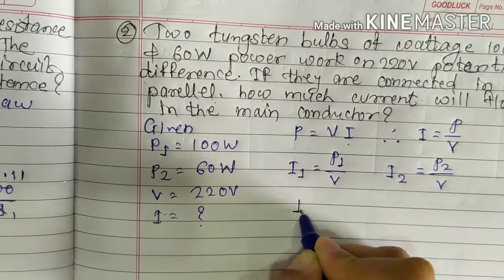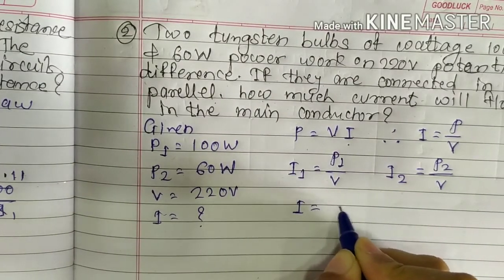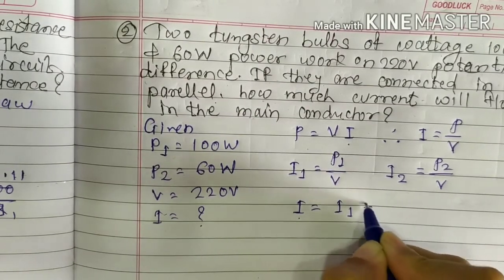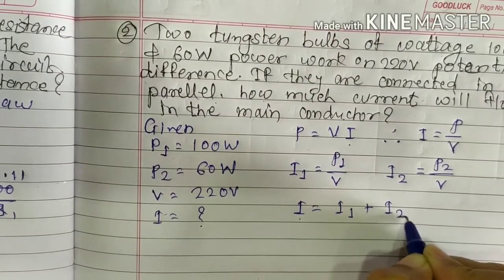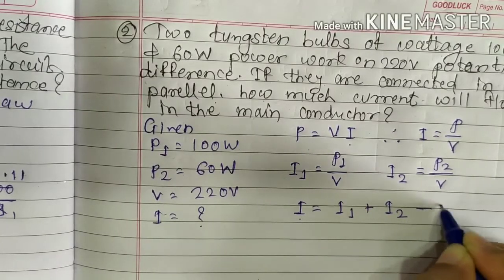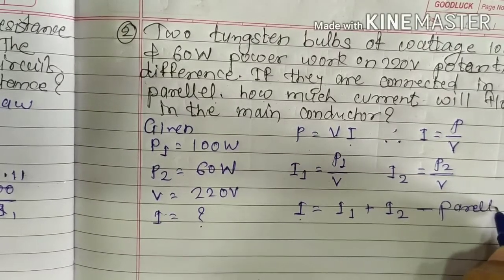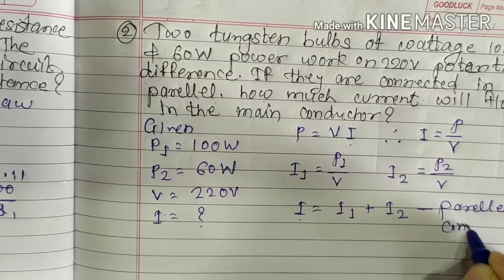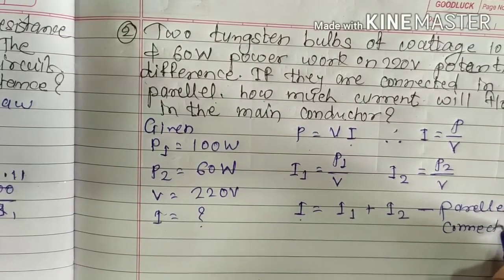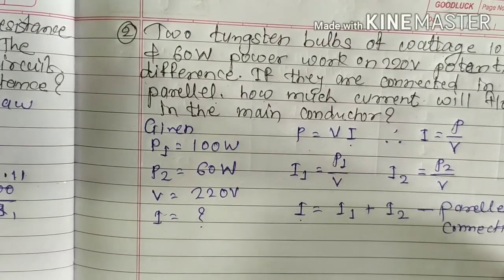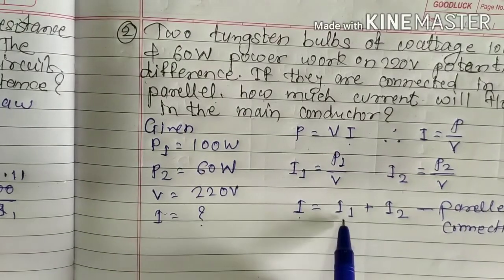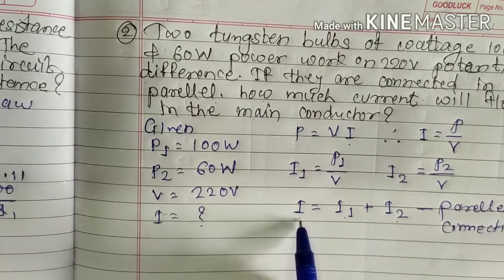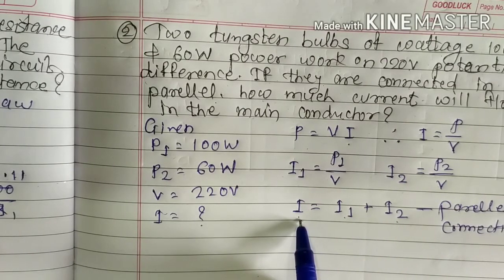Hence, I, that is the current in the main conductor, is equal to I1 plus I2. This is a parallel connection. Let's fill the values of this I1 and I2, then we get the current.